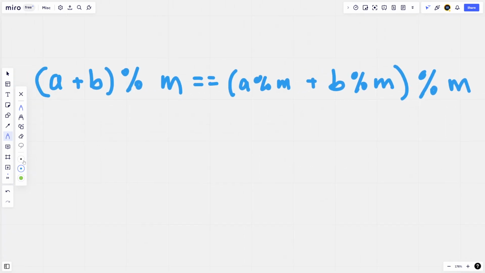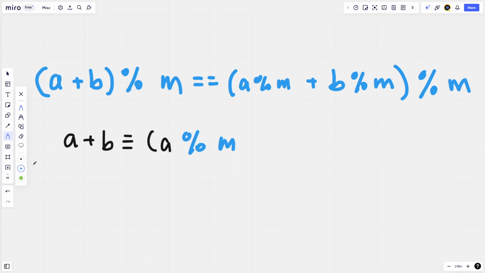So why is this the case? Well, what we're saying is A plus B is equivalent to A mod M. This part doesn't really exist in math, so let me write it out in blue.